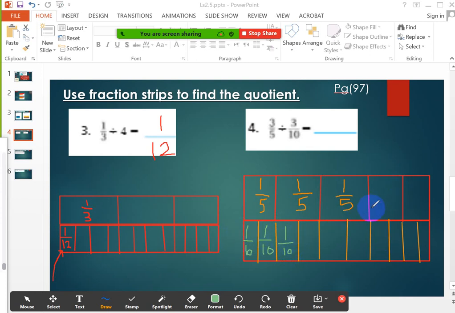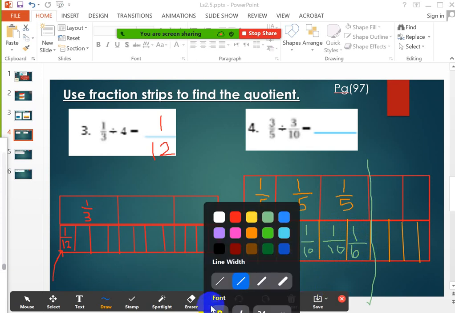Now I want to count how many 3 over 10s until this 3 over 5. How many groups? Let's count. I want the 3 over 10, Jenna.